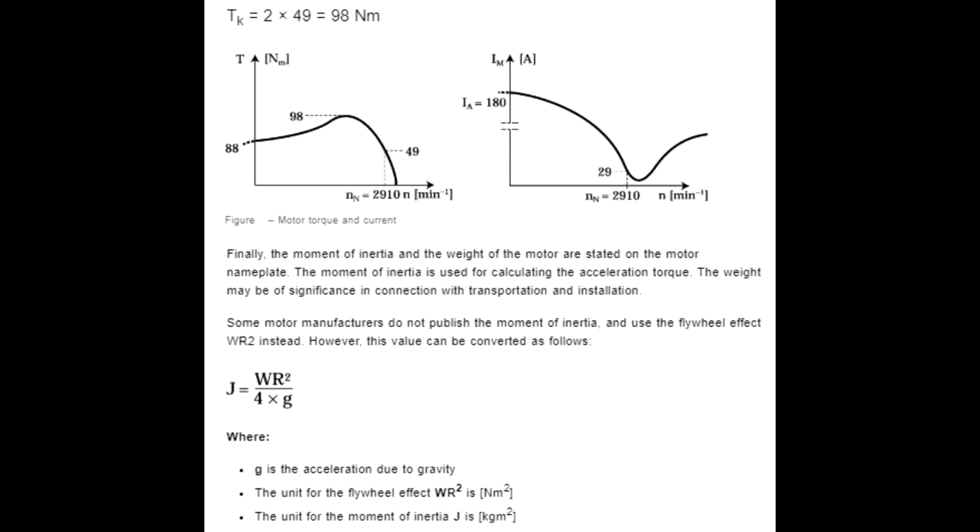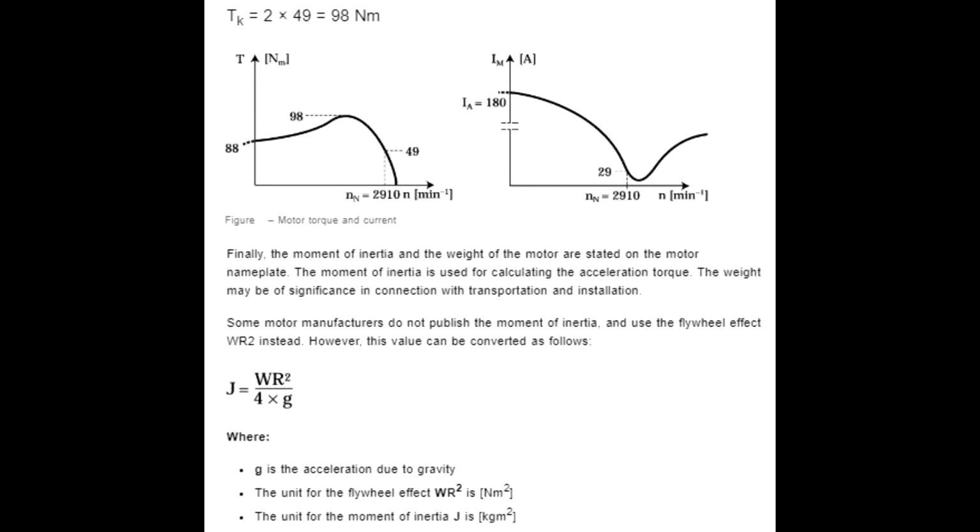Some motor manufacturers do not publish the moment of inertia and use the flywheel effect WR square instead. However, the value can be converted as follows: J equals WR square divided by 4 into G, where G is the acceleration due to gravity.